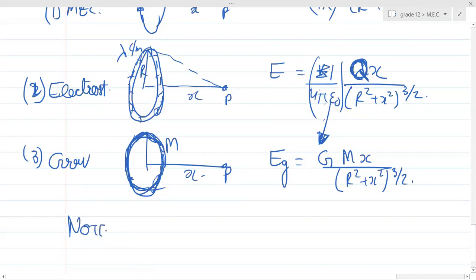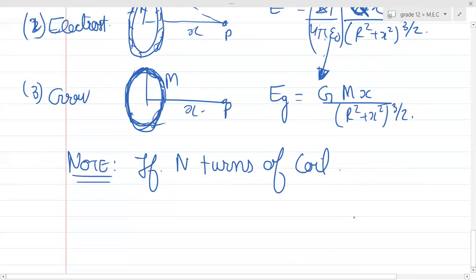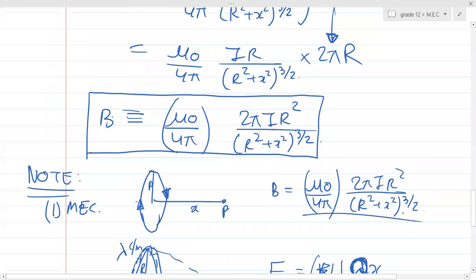Also, note the second point. If n turns of the coil are present, that implies if you have a coil with multiple turns, the magnetic field due to one coil is basically this.